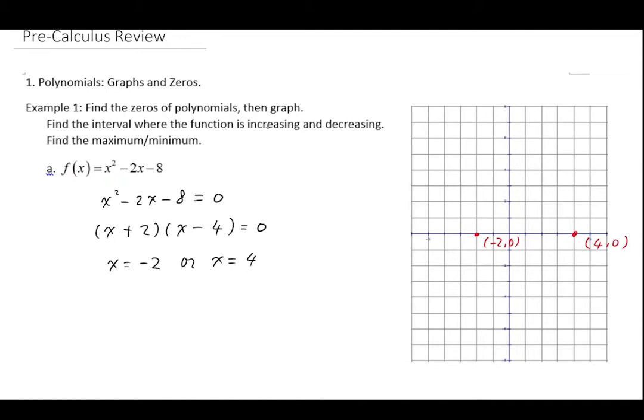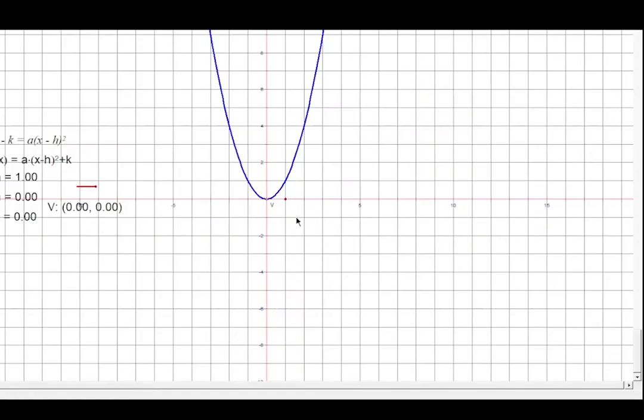Now, this is a parabola. It's going to look roughly something like this, but this is ugly. We're taking calculus now, so can we be a little more exact? Let's quickly review the behavior of quadratic functions, parabolas.